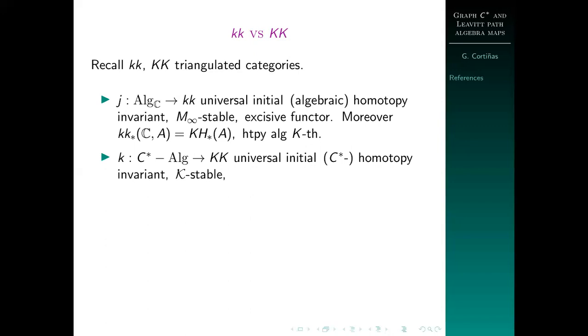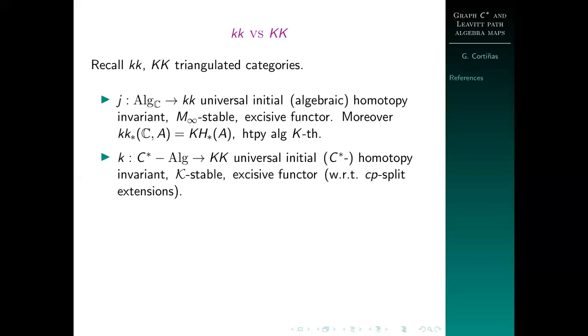It is stable with respect to the inclusion of a C-star algebra into the tensor product of the C-star algebra with compact operators, the upper left-hand corner inclusion, or the inclusion given by any rank 1 projection. And it is excisive in the sense that extensions that admit a completely positive section are mapped by the functor little k to distinguished triangles in big KK.